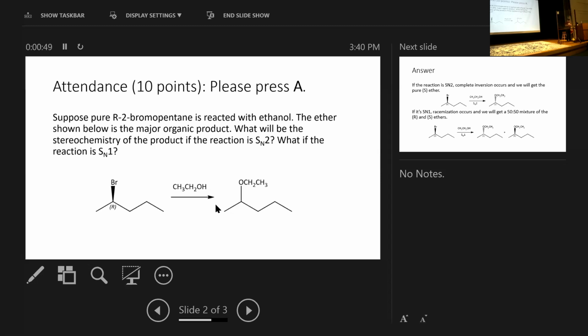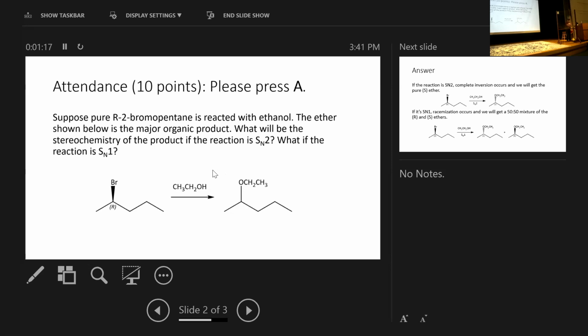And let's say that we heated it in ethanol. Let's do SN1 first, since I think that's the way we learned it. And then let's contemplate what the difference would be in the product if it went by SN2 instead. You will probably get some of each, but let's consider the two cases separately.